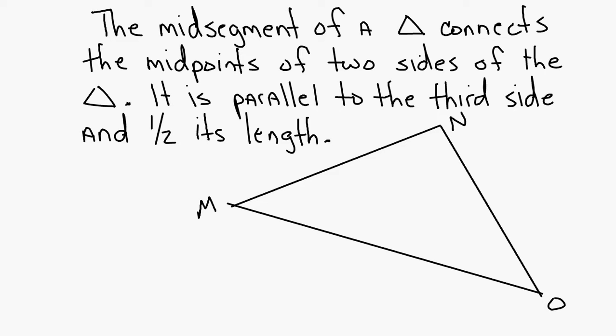So if you find the midpoint of one side, the midpoint of side MN, it looks to be about right here. We'll call it X. We'll find the midpoint of side NO, which is about here, and we'll call it Y.